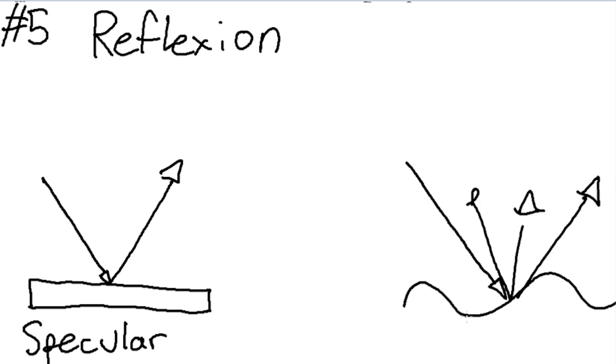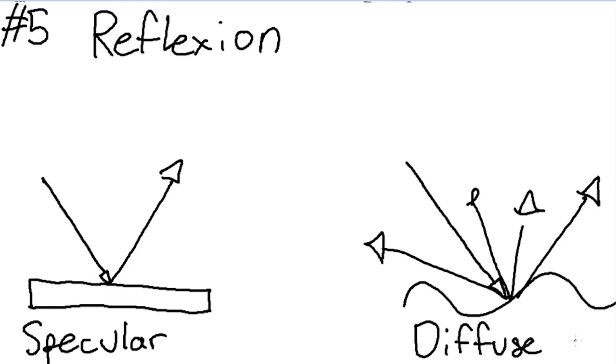It's water, so it just goes anywhere. And this is called diffuse reflection. So yeah, specular goes in a single direction, diffuse goes into multiple directions.